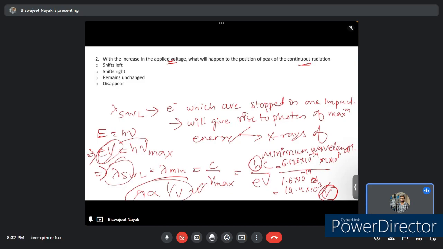So here, we can say, with increase in applied voltage, the peak must shift towards the left, to this side.